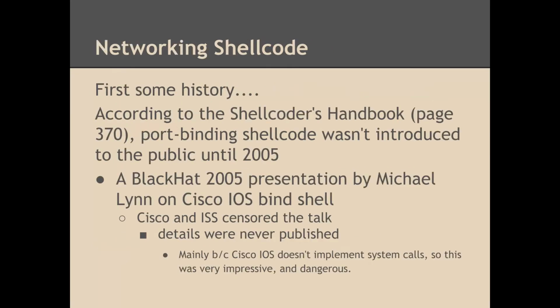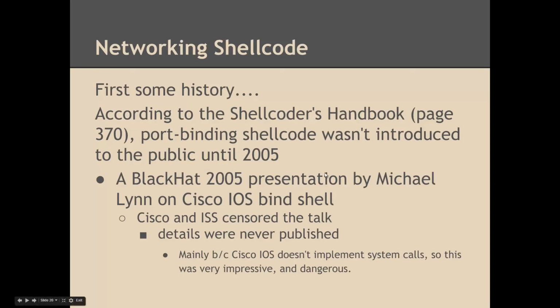So, according to the Shellcoder's Handbook, shellcode that does port binding and network connection wasn't introduced to the public until 2005. Now, I want to note that the Morris worm back in 1988 did spread over networks, found a target, infected the target, and then looked in the target's neighborhood in the network and kept spreading and spreading.